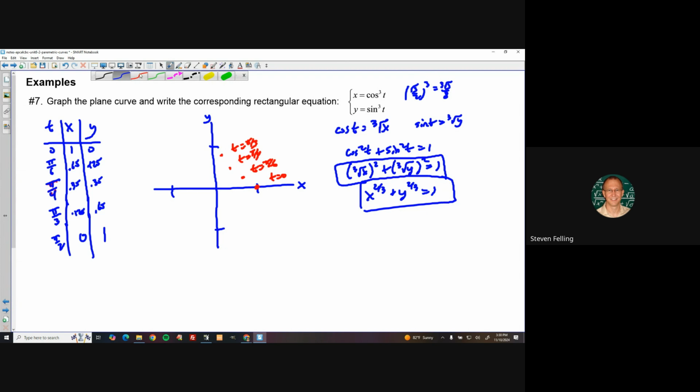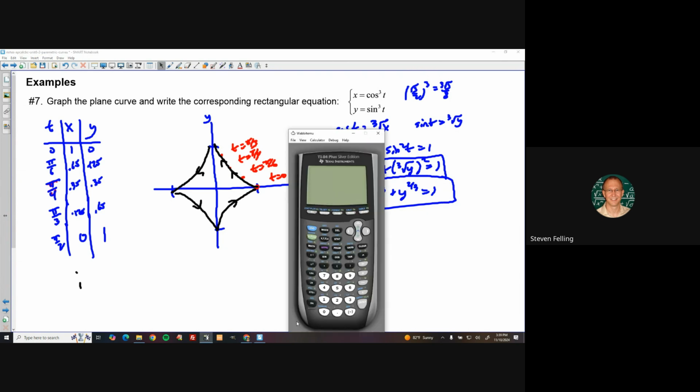So the curve looks like this, and like that, in this direction. And if you continue with this table, you'll end up getting a shape that looks like this. Okay, and you could verify that, of course, in your calculator. You would just enter these equations, if you're allowed the technology, on that part of the test. You can go and make this parentheses, cosine of the variable, but cube that number.